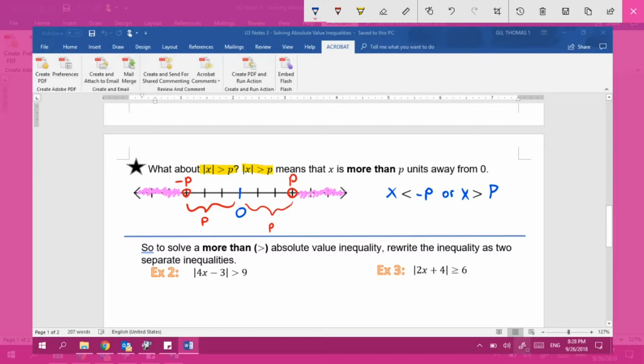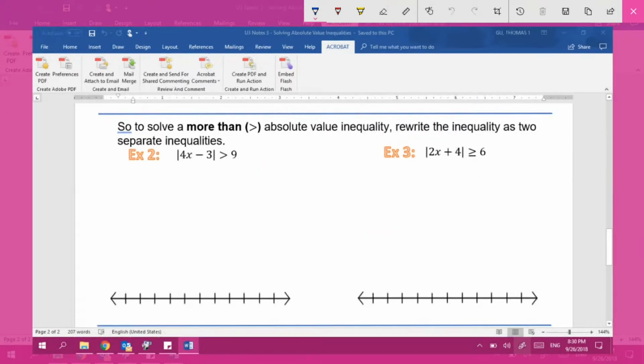If we wanted to write this in words, x is less than negative p, or x is greater than p. To solve a more than or greater than absolute value inequality, we're going to rewrite the inequality as two separate inequalities. Remember, my two inequalities just there at the top, I had x is less than negative p and x is greater than p.